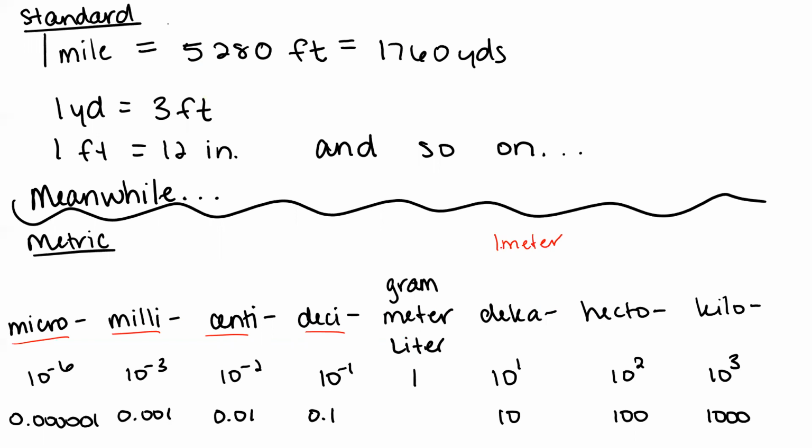And since your decimal place is right here, you're going to move it over 1 digit to show you're multiplying by a factor of 10 so that you end up getting 10 decimeters.